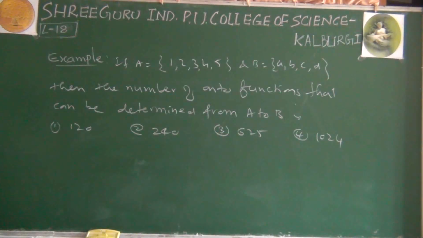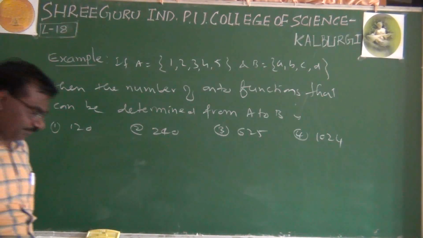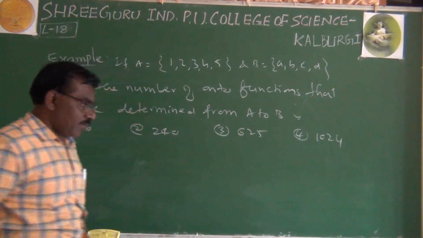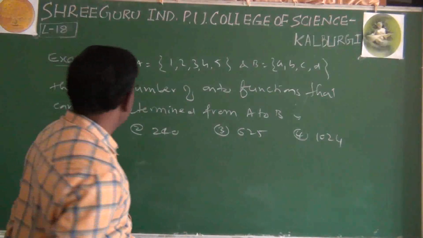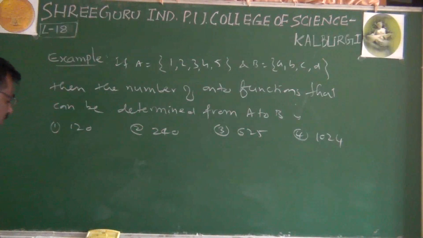So this is the problem. Number of onto functions.